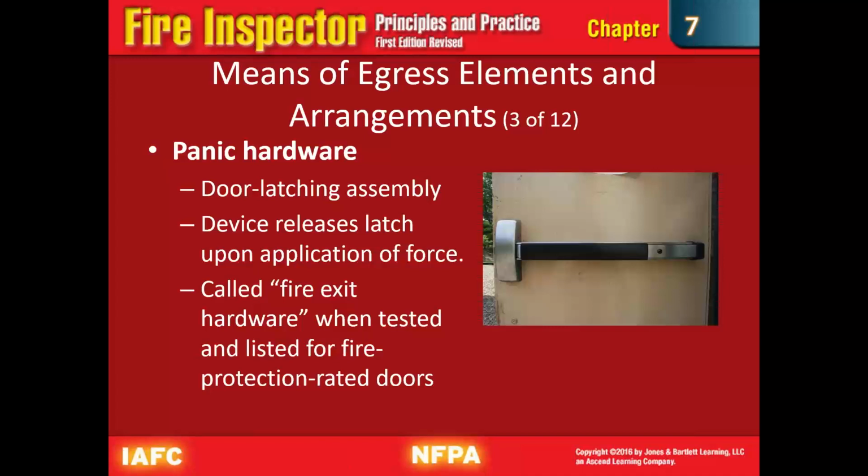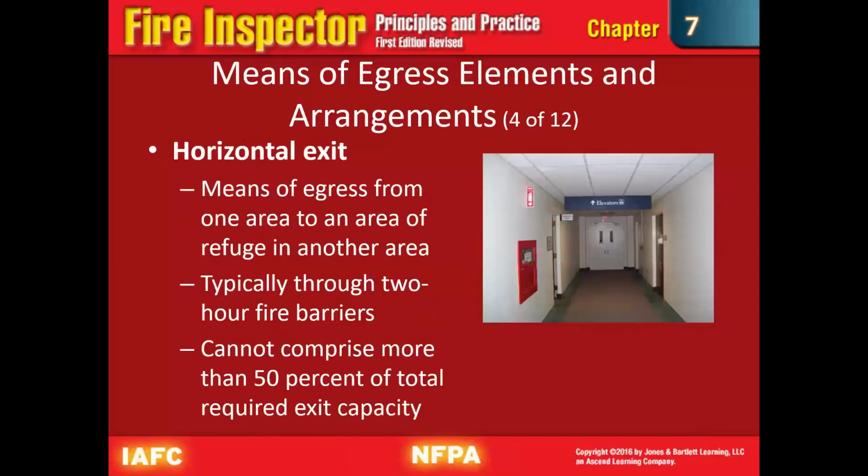The handle hardware, the hinge, the door itself, the encasement of the door is all a rated assembly, and they should be stamped and have a tag on it that shows that it is part of a rated assembly.